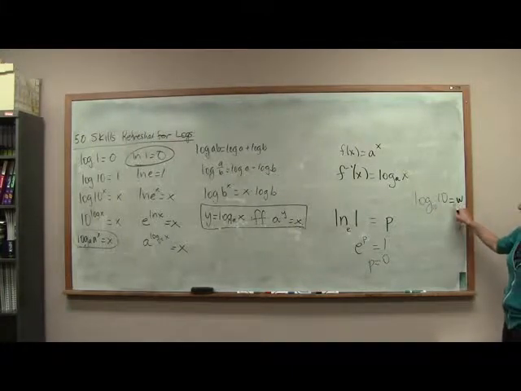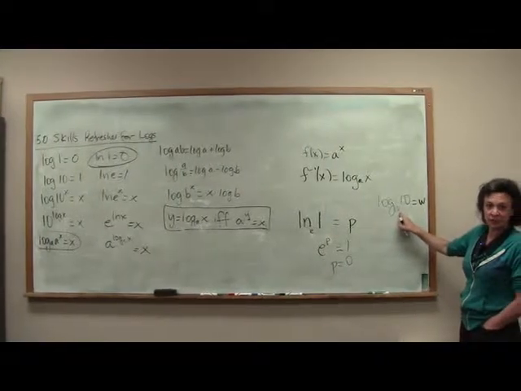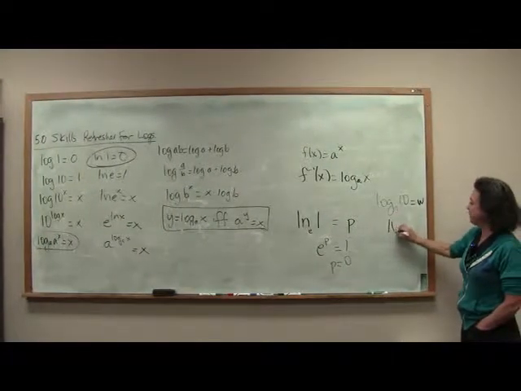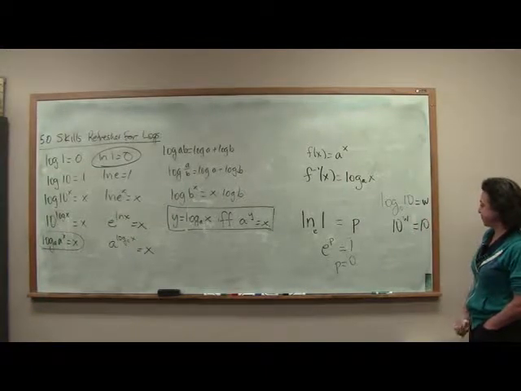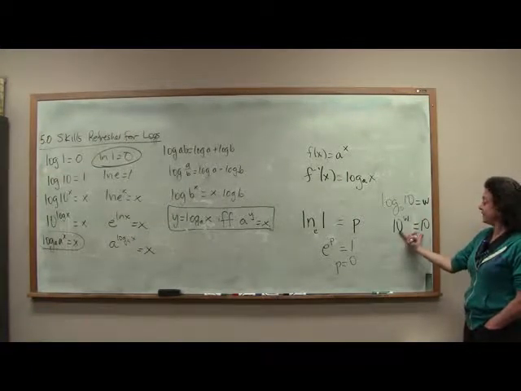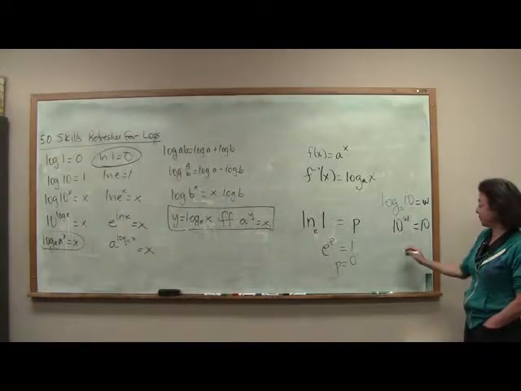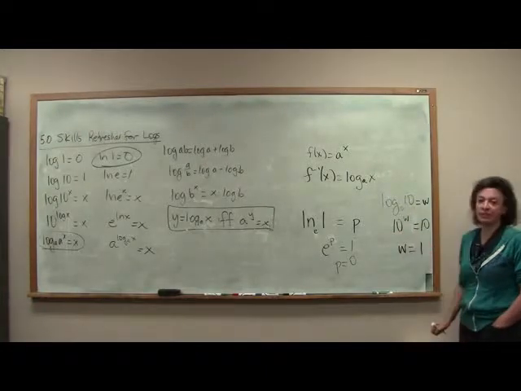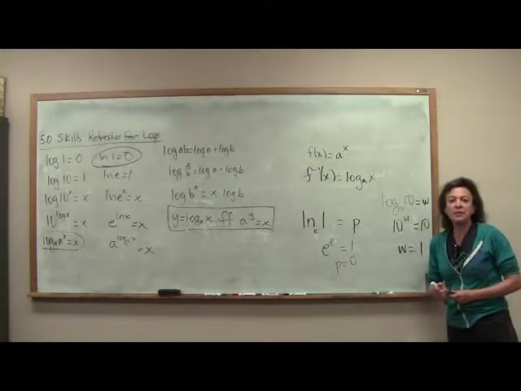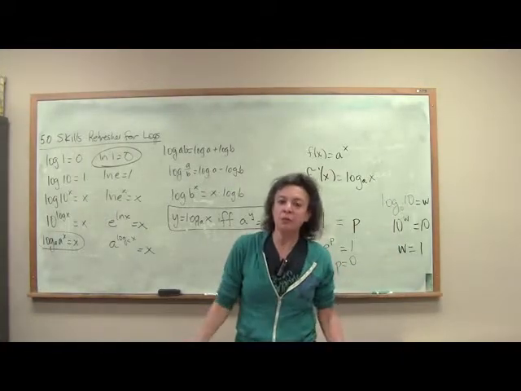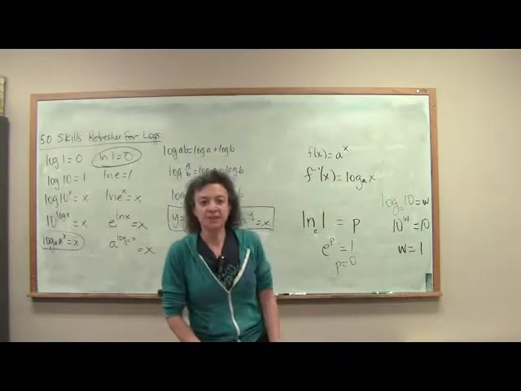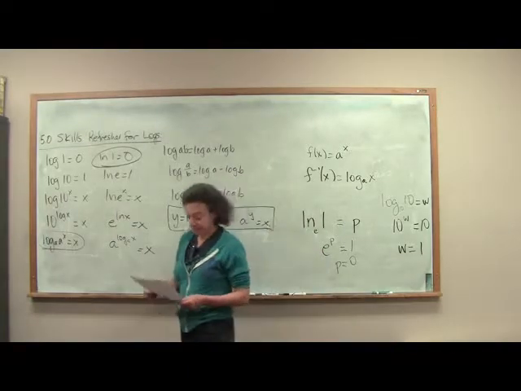The way we solve for W is we change this to equivalent exponential form. So we say 10 to the W power is 10. Well, you have two things with the same base set equal. The exponents must be the same, and therefore you get 1. Those aren't things that I'm going to have you prove to me, but I want to show you that we can justify the proof of these statements.